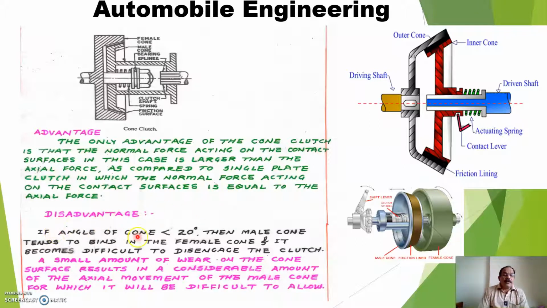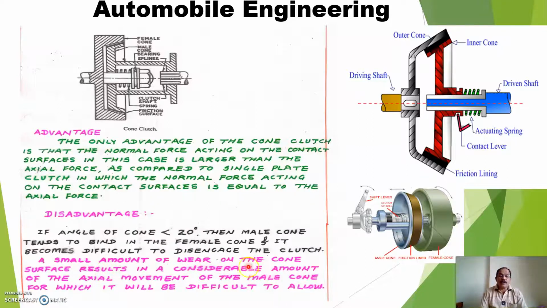The disadvantage is that if the cone angle goes beyond 20 degrees, the male cone tends to bind in the female cone and it becomes difficult to disengage the clutch. If the angle is less than 20 degrees, it will also be very difficult to disengage the clutch.